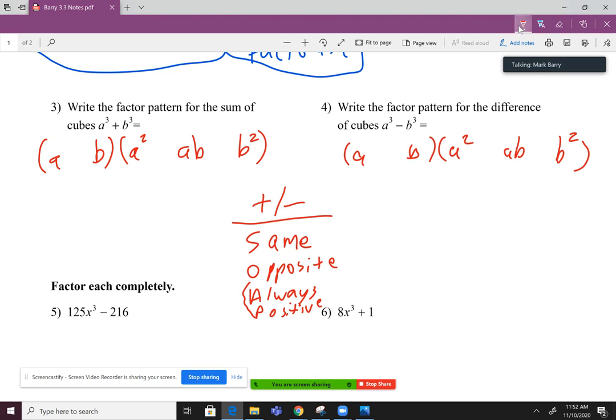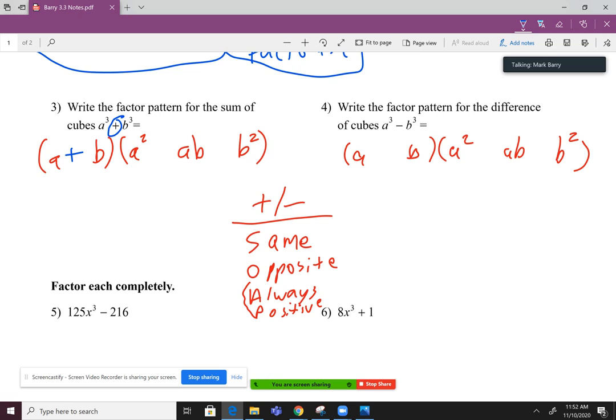All right, so what do I mean by same, opposite, always positive? Well, if we look back at this one, number 3, this one was a plus in there, correct? So that means the first one is the same as plus. So try to stay with me here. What's the same as plus? Plus. The next one is opposite.